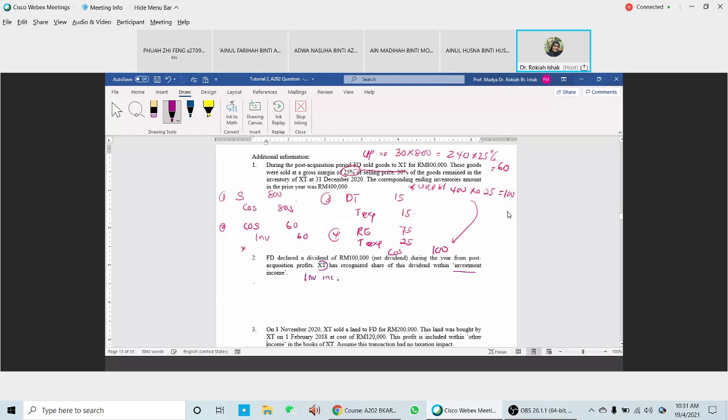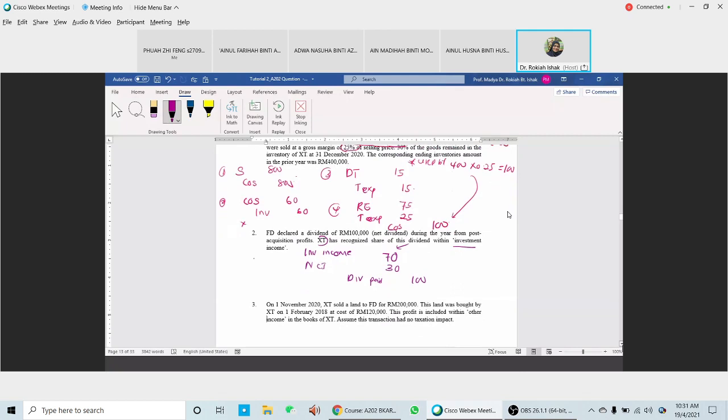The amount here is 100. From that 100, the parent is entitled to 70%, and the NCI another 30, and then credit the dividend paid. So you have 100 here. That is what we have for the dividend.